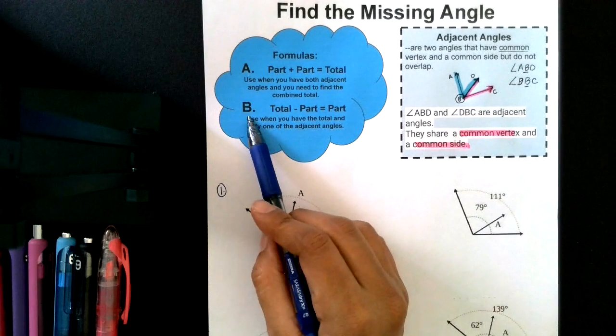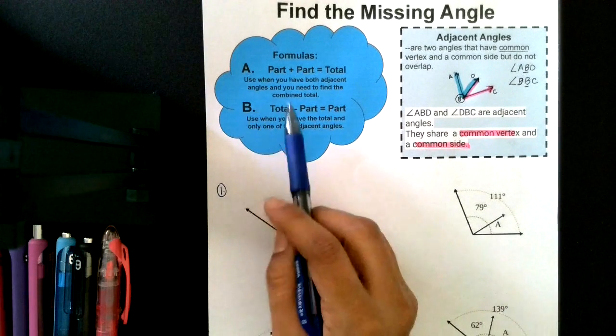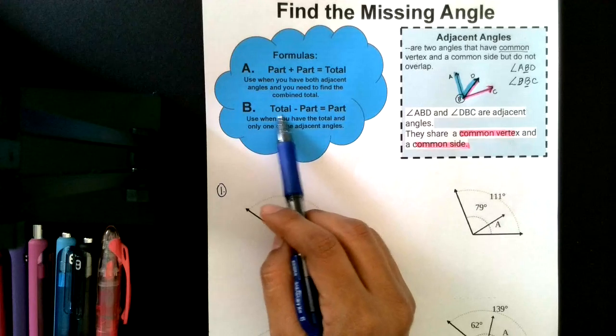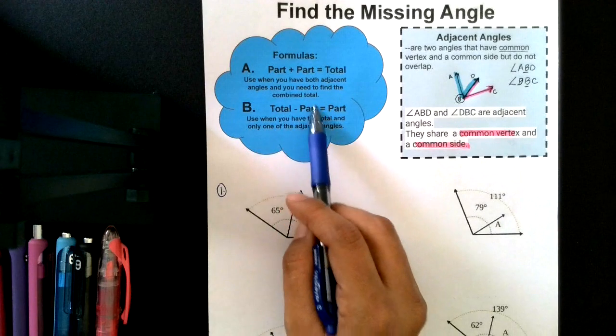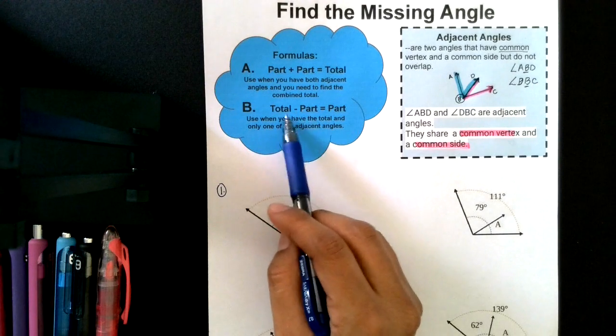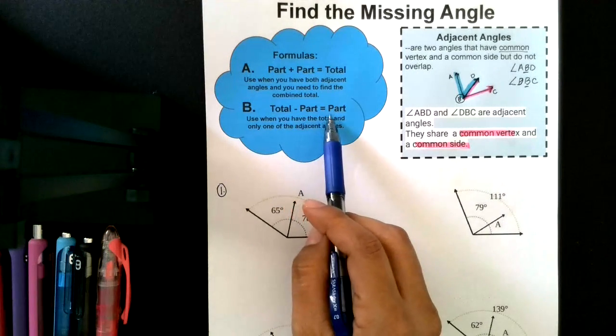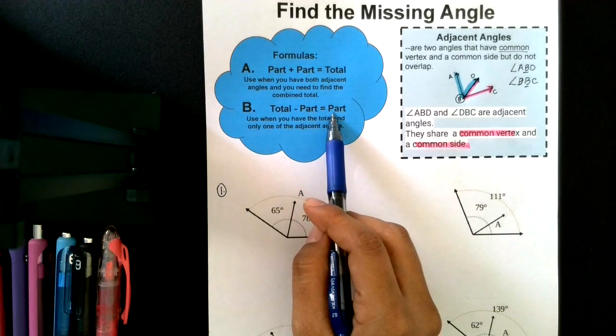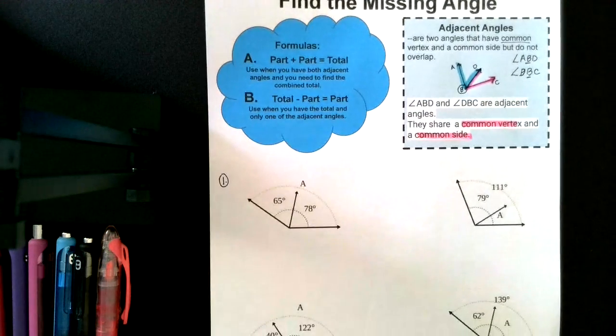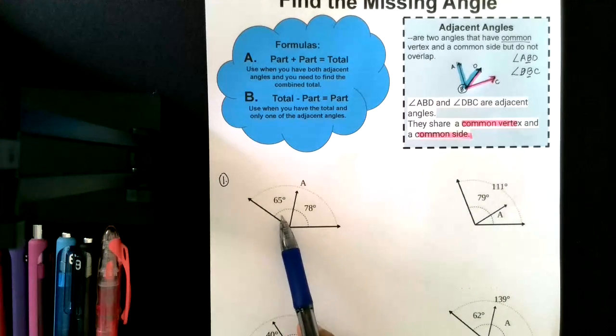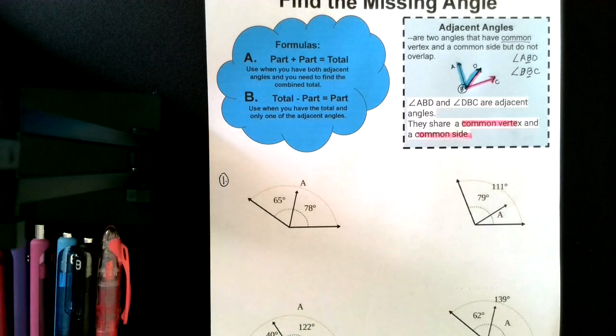And the other one is letter B. When you are given the combined total and one of the parts, you would subtract that part and it would give you the other part. Okay, so first of all, let's label, what do we have?